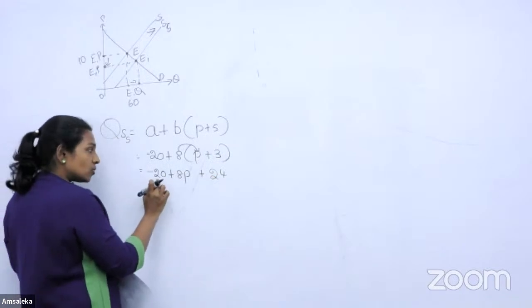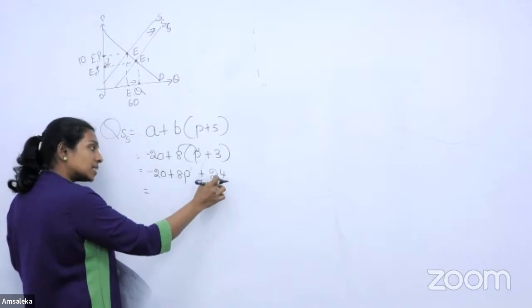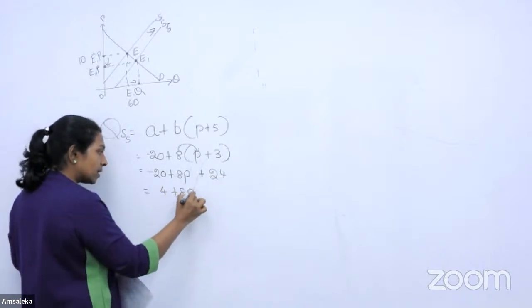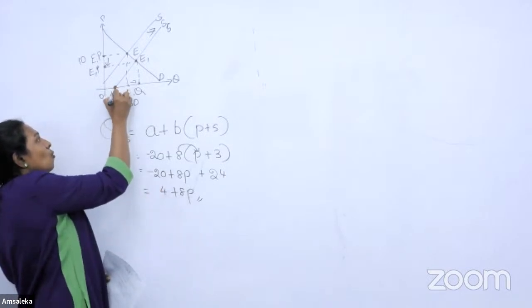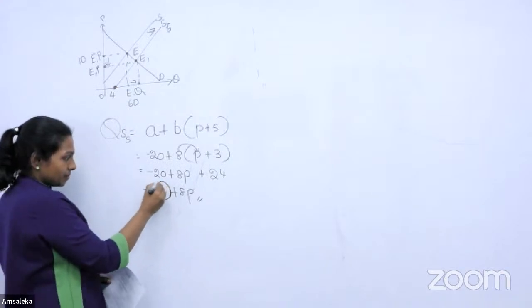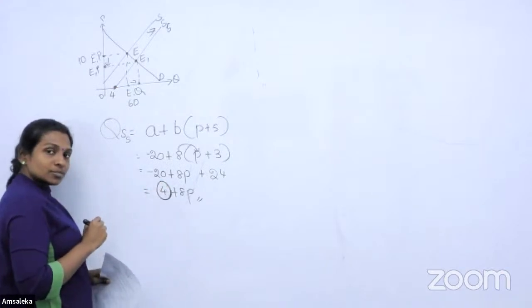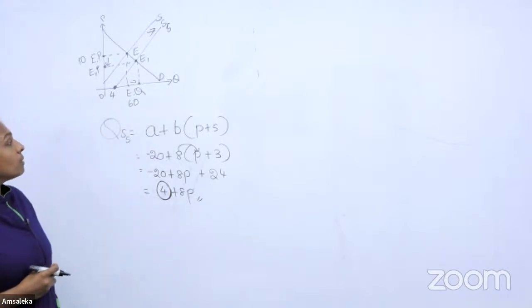Now, minus 20 plus 24, so the answer is greater: 4 plus 8p. Now your new answer is here, see, 4. Intercept, A is intercept, 4.